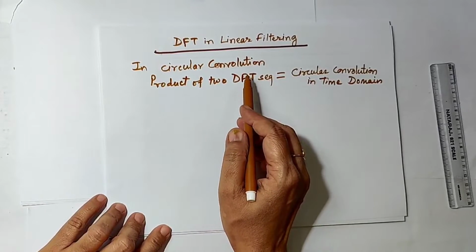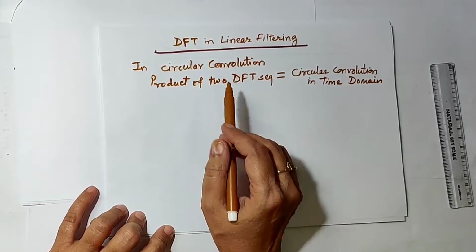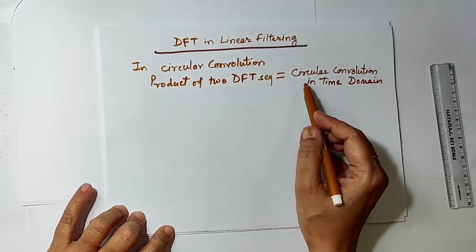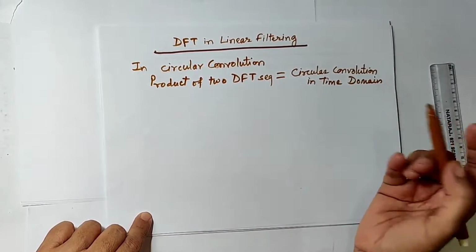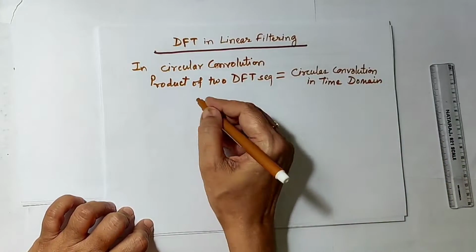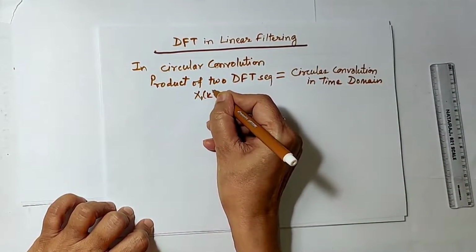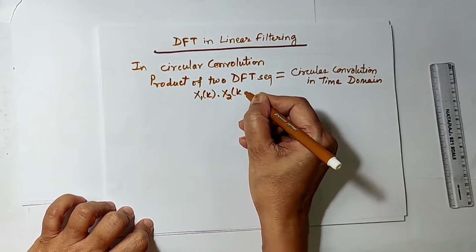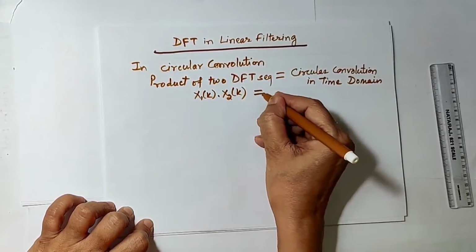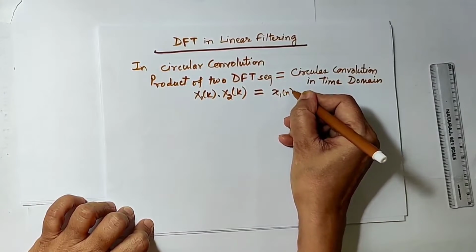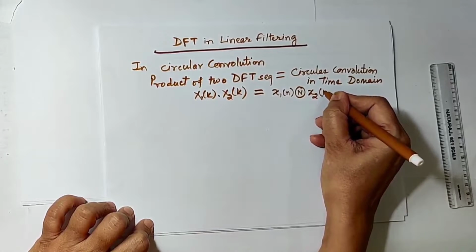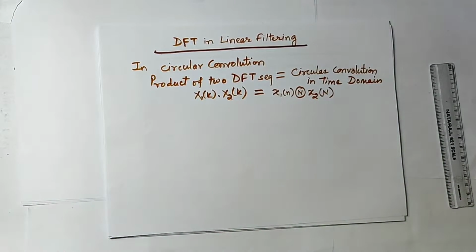So in circular convolution, the definition says that the product of two DFT sequences is equal to the circular convolution in the time domain. It means the product of two sequences X1[k], X2[k] will correspond to x1[n] circular convolution with x2[n]. This is the definition.